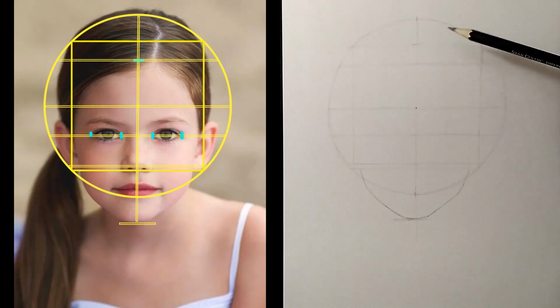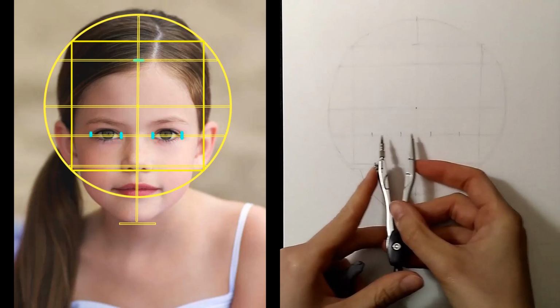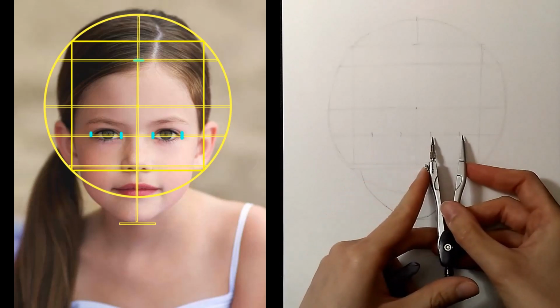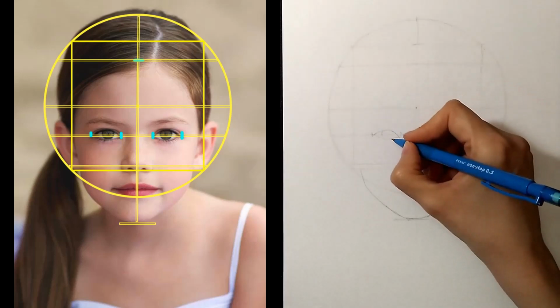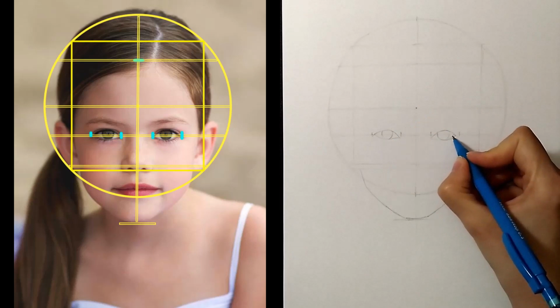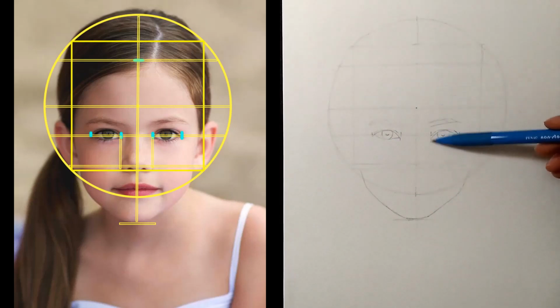Dividing the eye line into thirds, you can observe the one-eye distance between her two eyes. The inner corners of the eyes help to draw the edges of the nose.